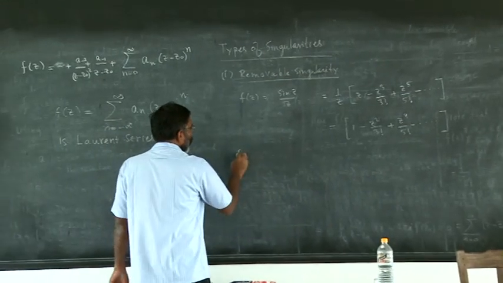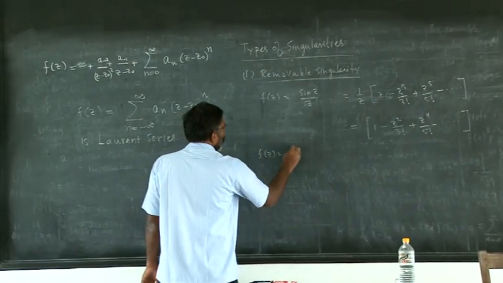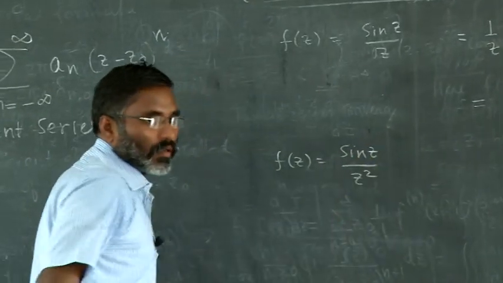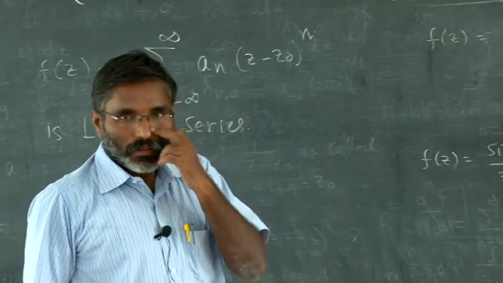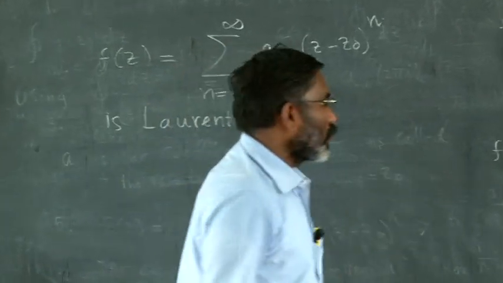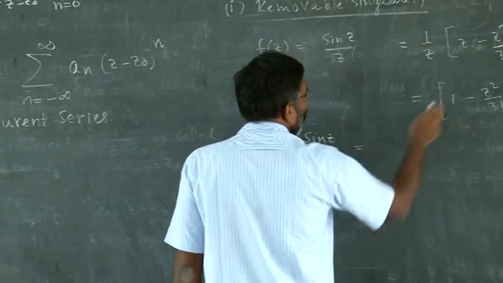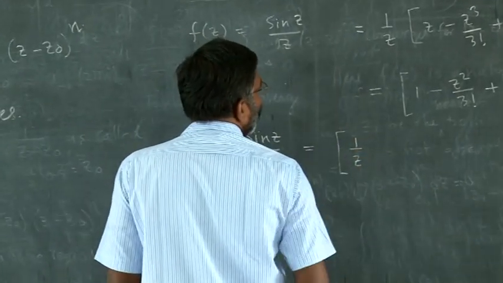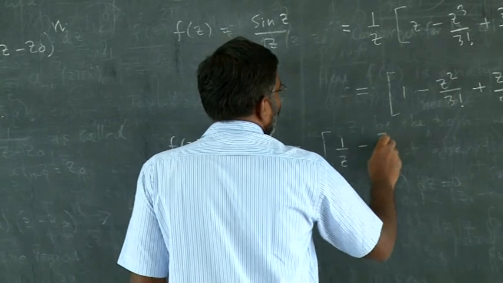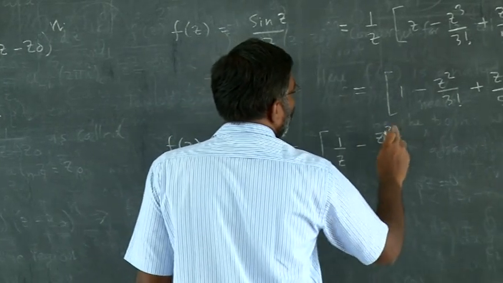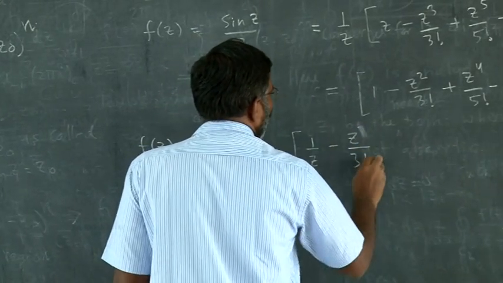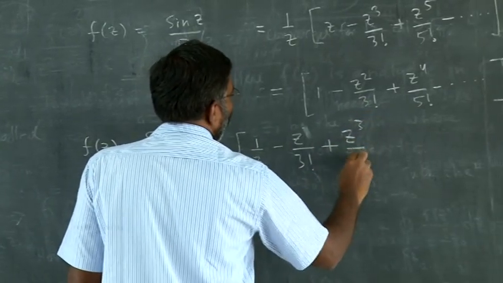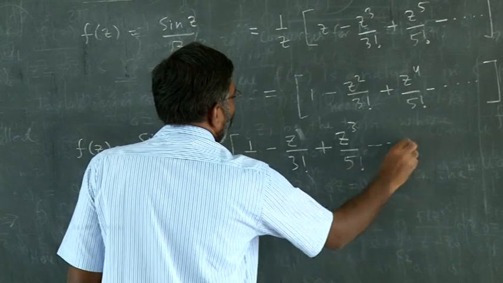But if we take a function like sin z by z squared, we have in this expansion 1 by z minus z by factorial 3 plus z cubed by factorial 5 and so on.